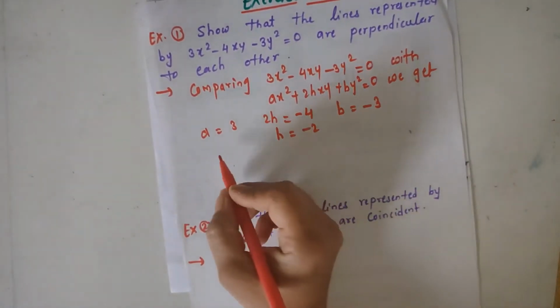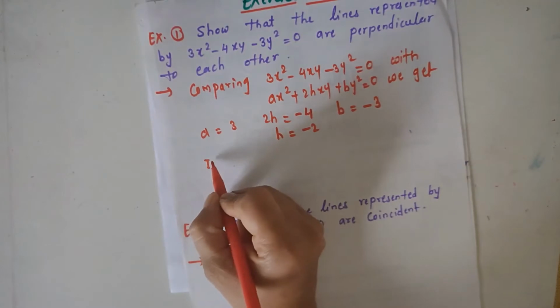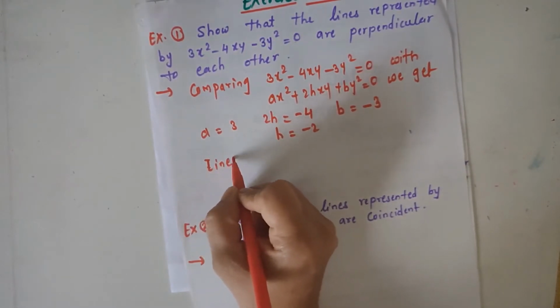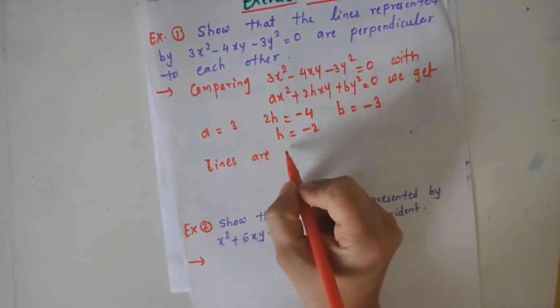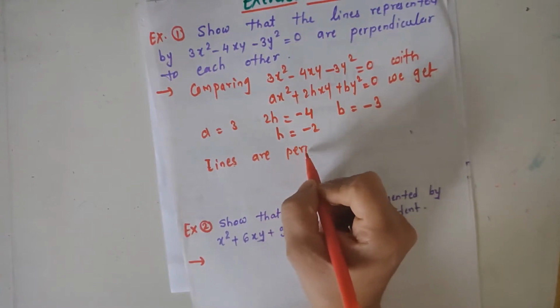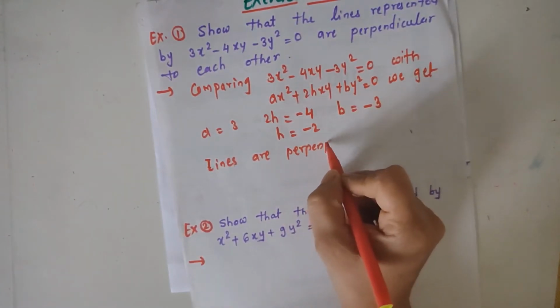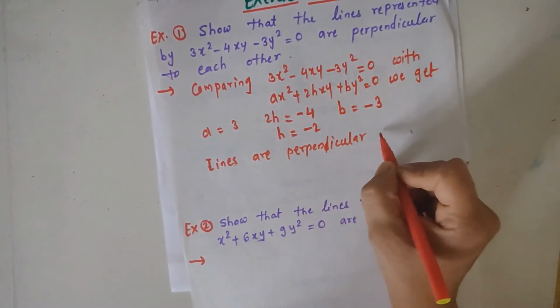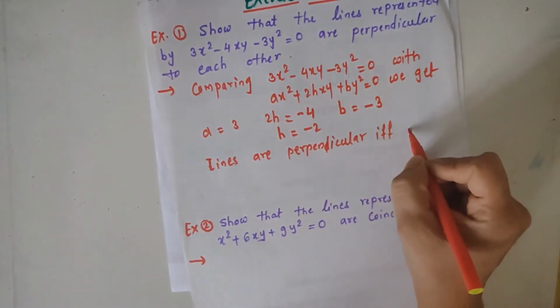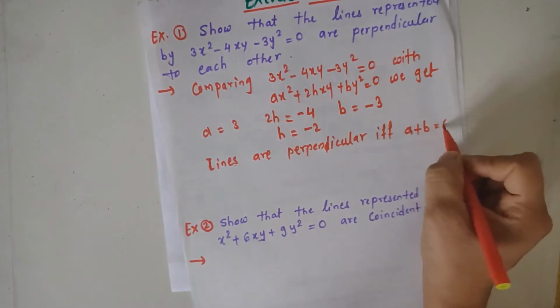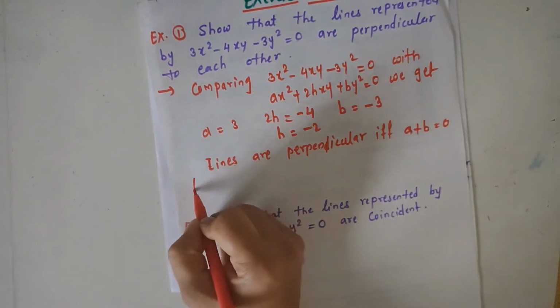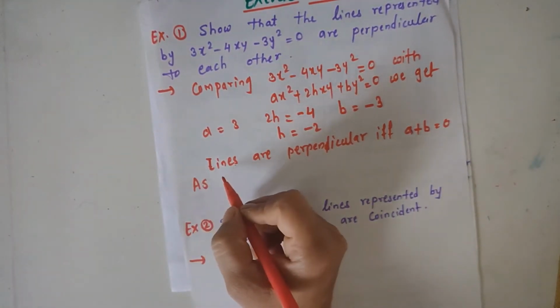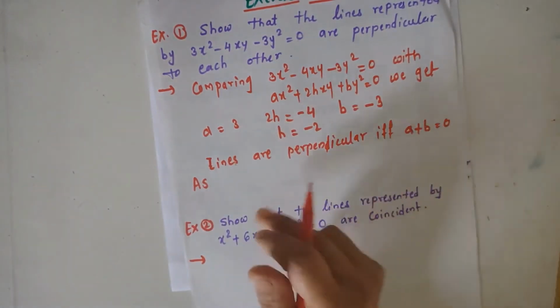and b is equal to minus 3. Now the lines are perpendicular if and only if the condition is a plus b is equal to 0. So using this condition, we have to find the value of a plus b.